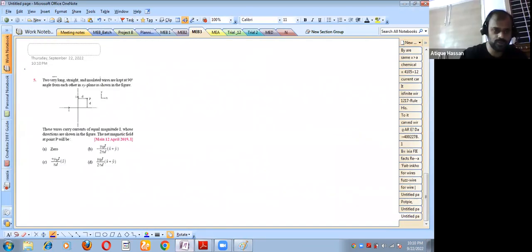So all of you try this question. It is a JEE 2019 question.